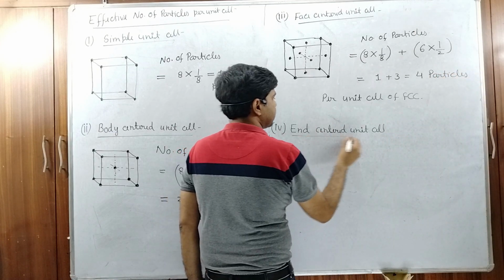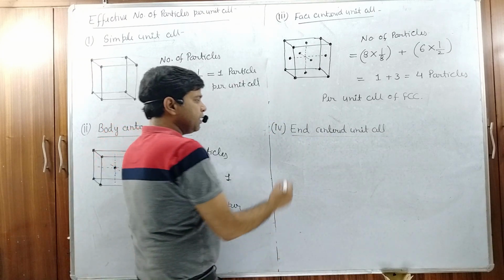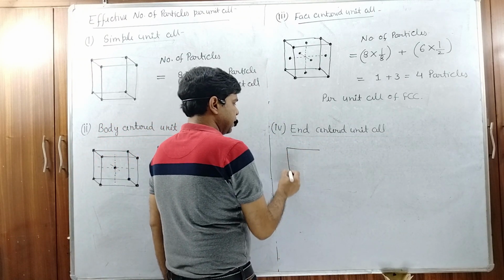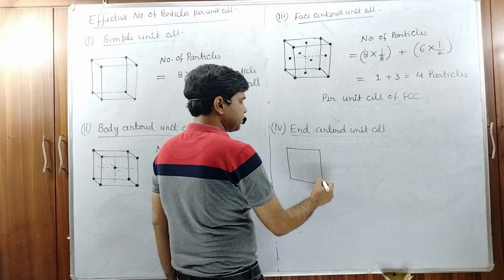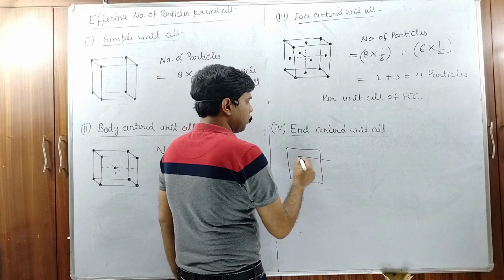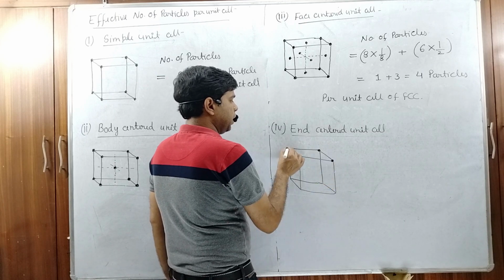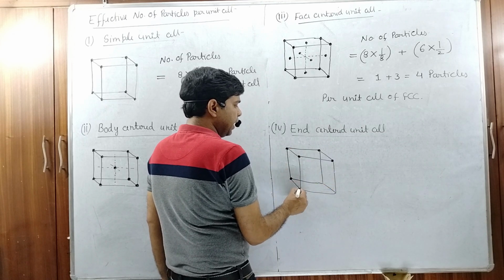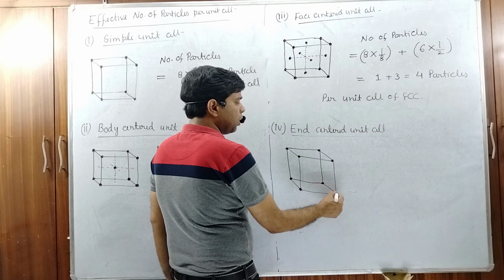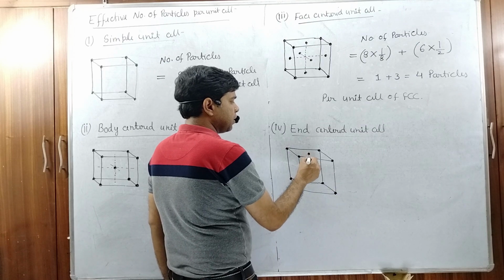End centered unit cell. In the end centered unit cell, we know that particles are present at the corners, and in addition to the corners, particles are present at any 2 opposite face centers.